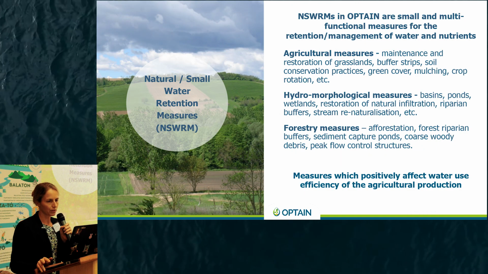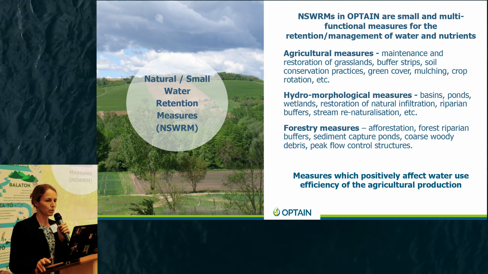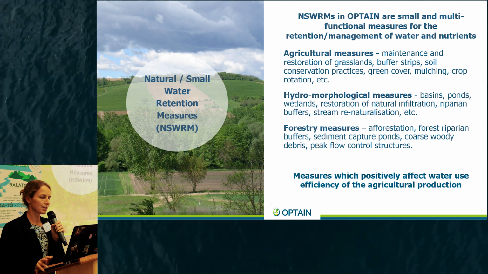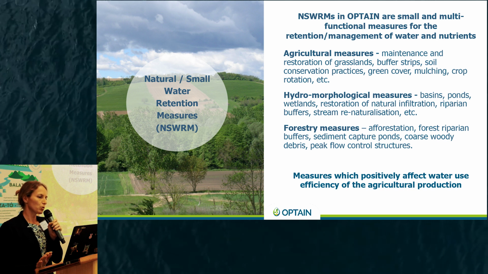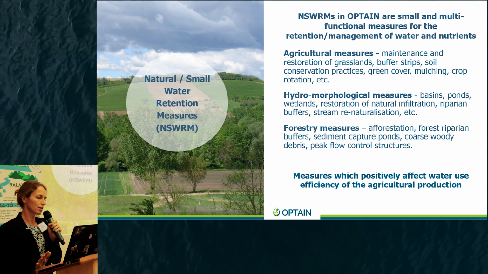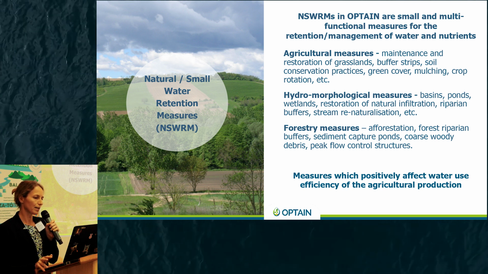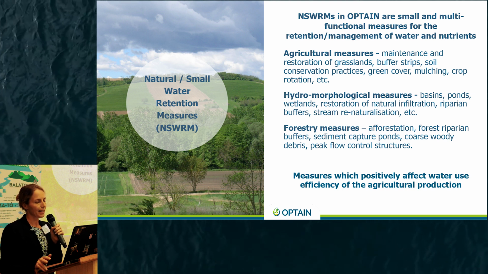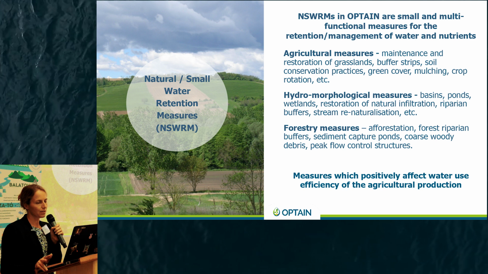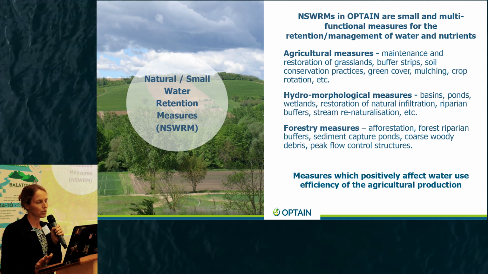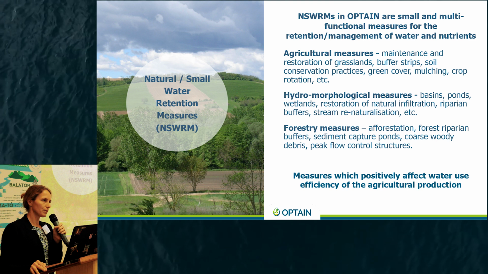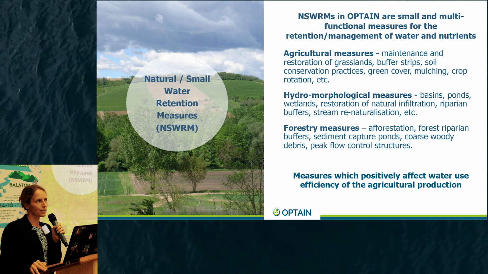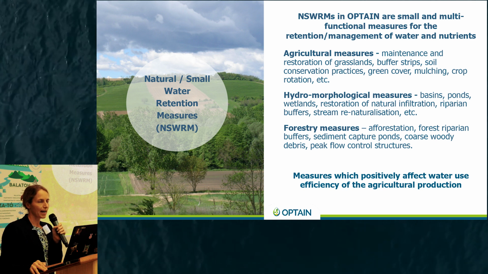A little bit about what the natural small water retention measures are. However, I think all of you are familiar with this. Those can be grouped as agricultural types, hydromorphological, or forestry measures. Since we are dealing with agricultural catchments, we analyze a lot of agricultural type measures like cover crops, min-till, no-till, crop rotation, green cover.